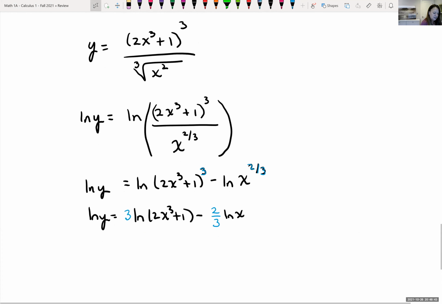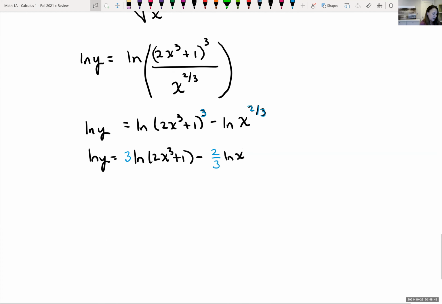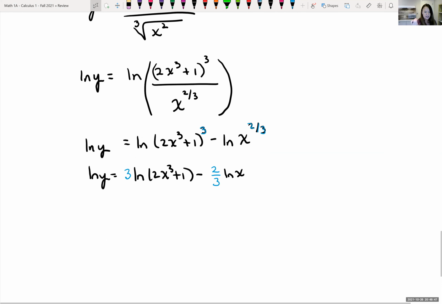Okay, so let's now take the derivative of both sides of our equation. And so remember, when we take the derivative with respect to x of y, y is a function of x, and so we have to use that chain rule and multiply by dy dx. So the derivative of the natural log of y is 1 over y times dy dx. This is equal to, I can just leave the 3 alone.